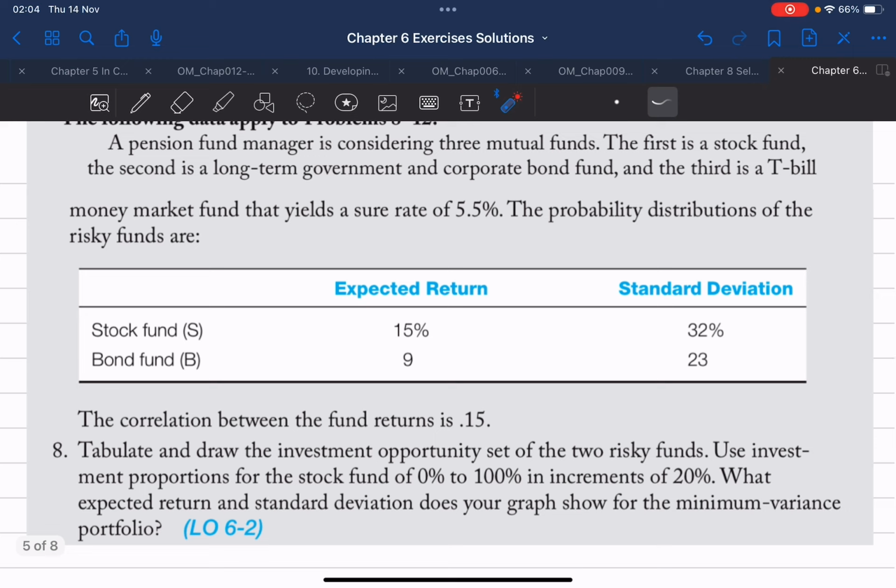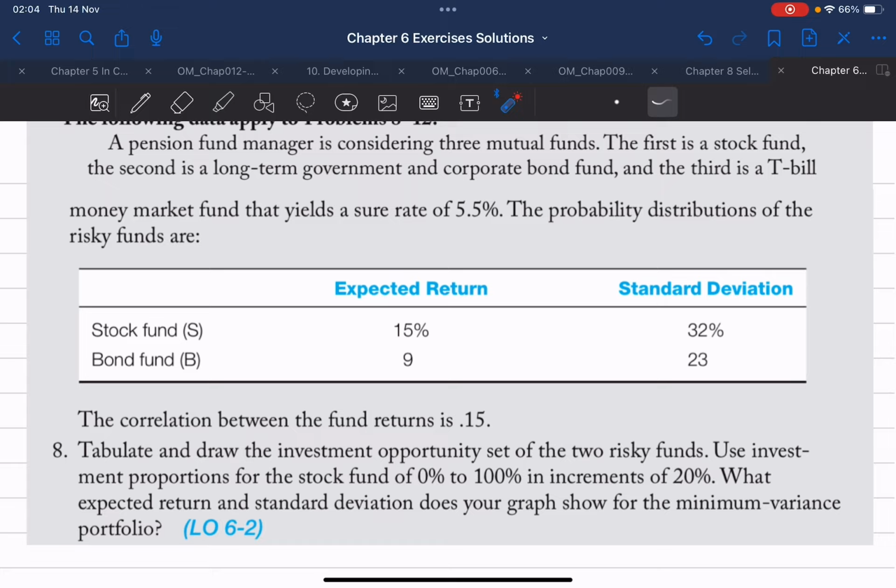Here we have the expected return on the stock fund is 15% and its standard deviation is 32%, whereas the expected return on the bond fund is 9% and the standard deviation is 23%. One more thing to note is that the correlation between the fund returns is 0.15.